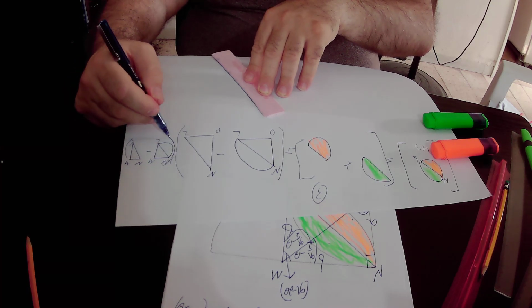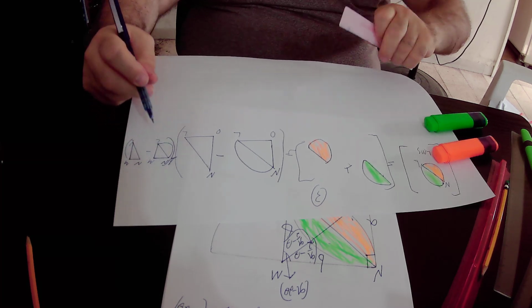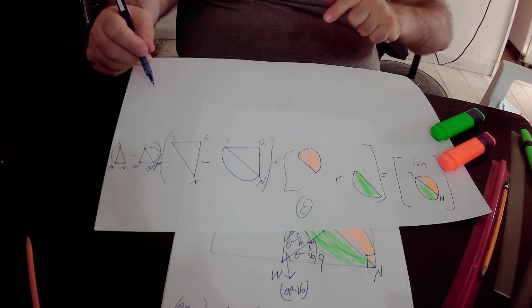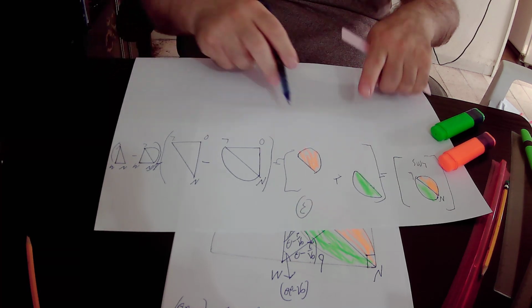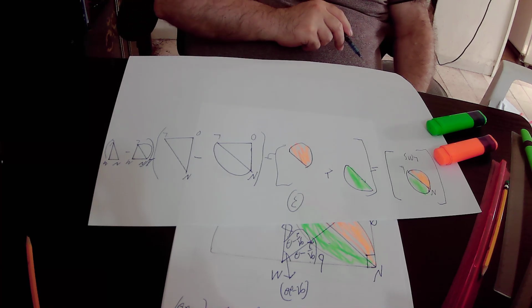Okay, this is the area of the lower circular segment NL. So the sum of those two areas gives us the area of this lens.